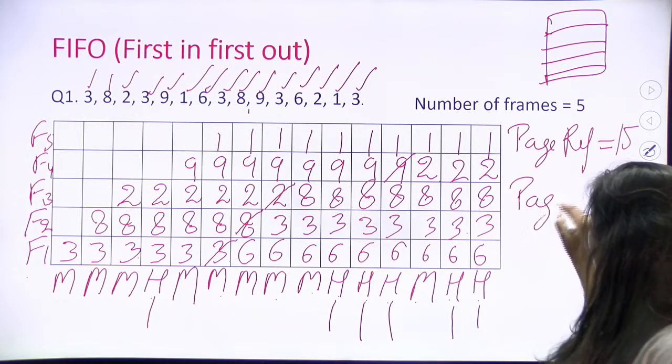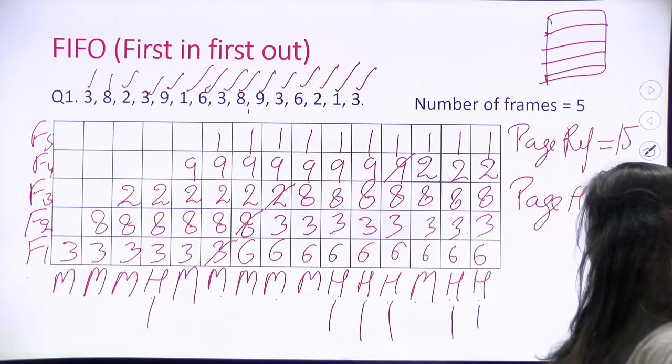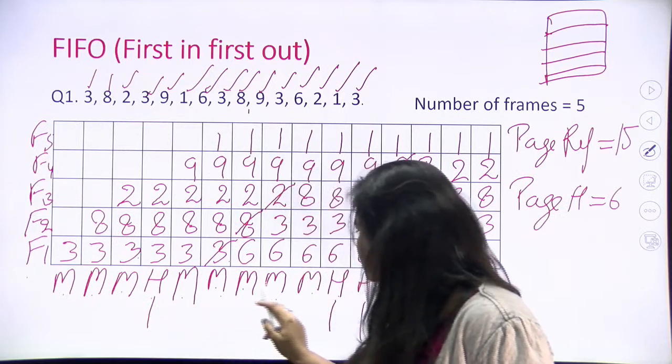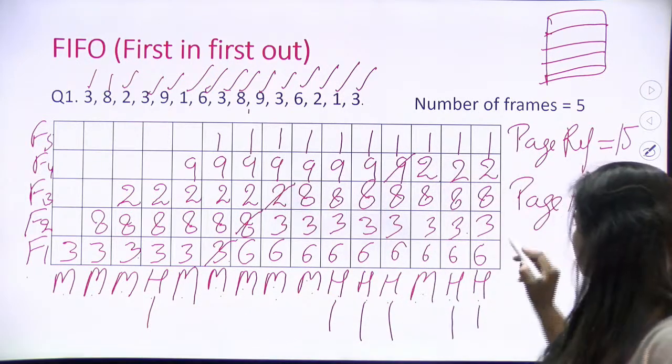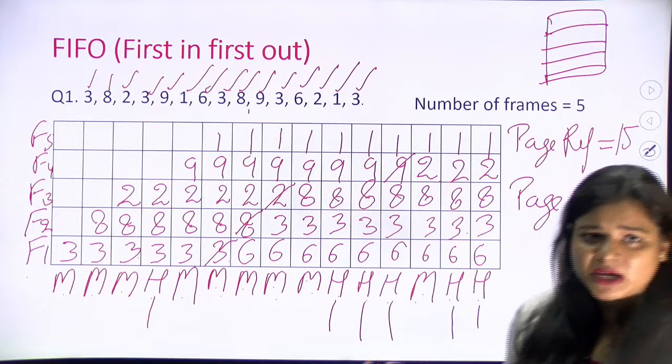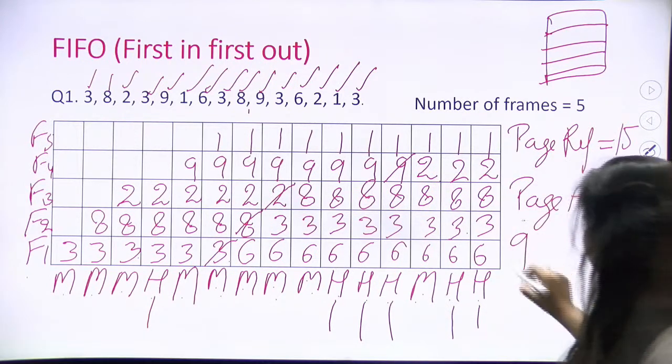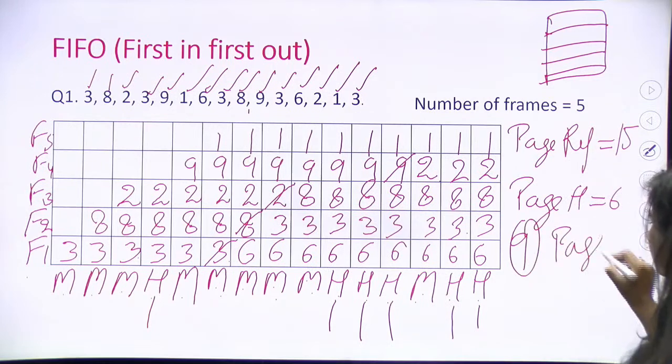Page hits are 6, and page misses 1, 2, 3, 4, 5, 6, 7, 8, 9. So you can say it a page fault or page miss. We are having 9 page faults.